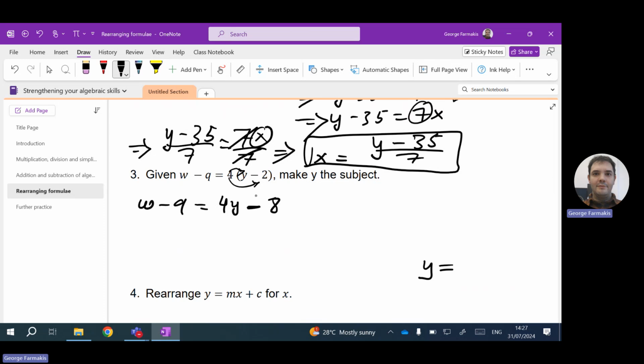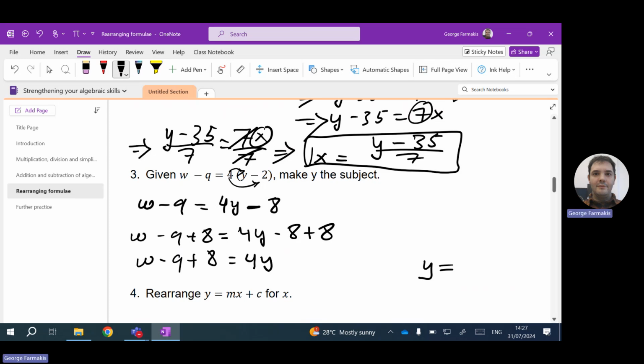Let's get rid of the minus 8 here. If I add 8 to both sides of the equation, then on the right-hand side I will have only 4y, because 8 will give me 0.